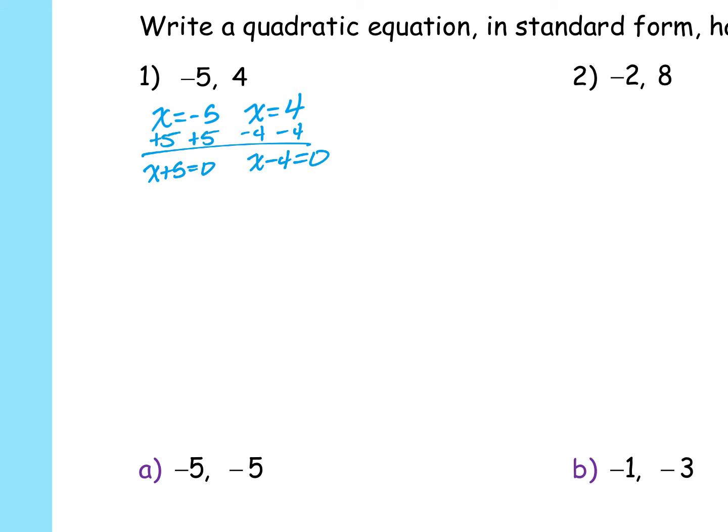Those are my two things that I've multiplied together, right? Remember the rule says if I multiply two things together and it equals 0, one of those things has to be 0. So I'm going backwards. That means I can have x plus 5 times x minus 4 equals 0.